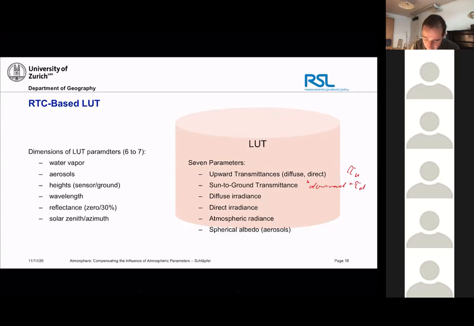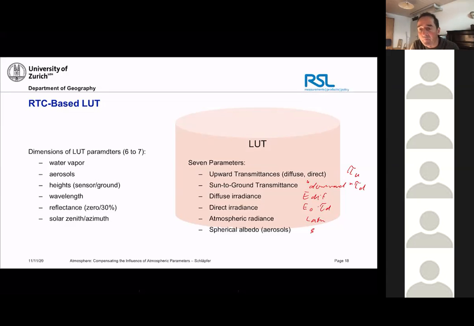Diffuse irradiance, that's E diff. And then you have the direct irradiance, E0 times tau downwards. It's usually stored that way. And then you have the spherical radiance, L ATM, and the spherical albedo S. These are the parameters which are stored.